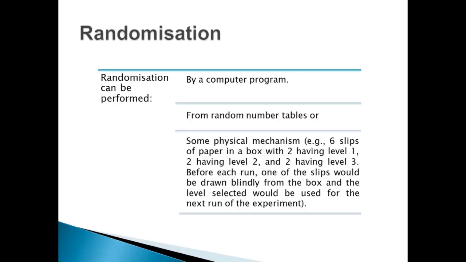For instance, if we had 6 runs of an experiment, we could take 6 slips and put in a box and then choose from the box, and whatever we choose for that particular day becomes the experiment to run, as opposed to running the experiment in sequential order. This will help us eliminate human influence on the experiment.